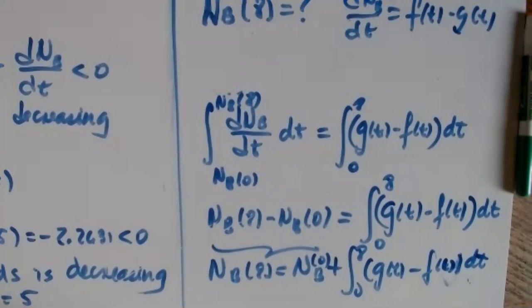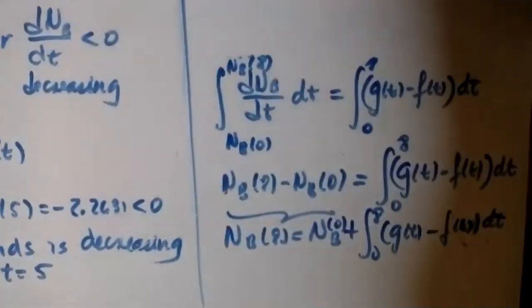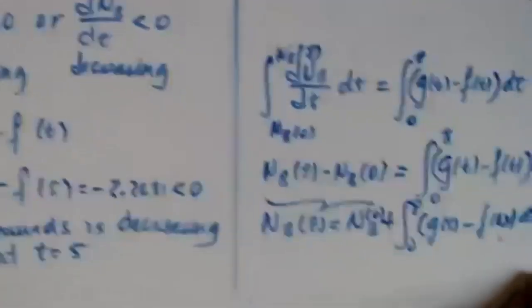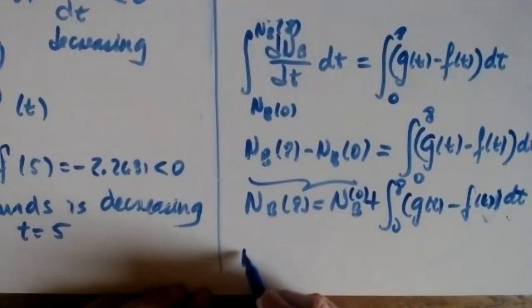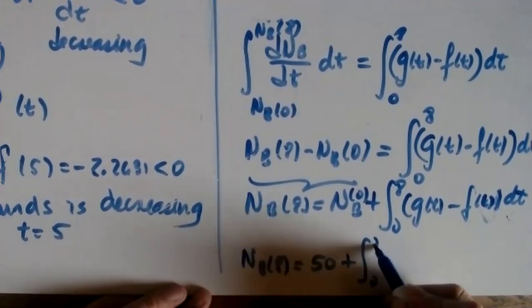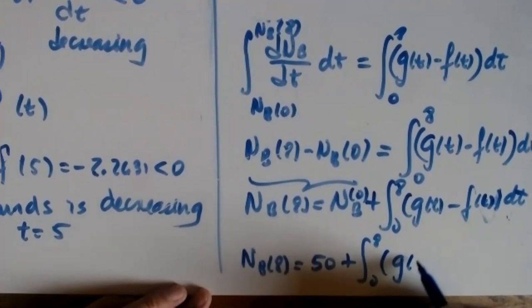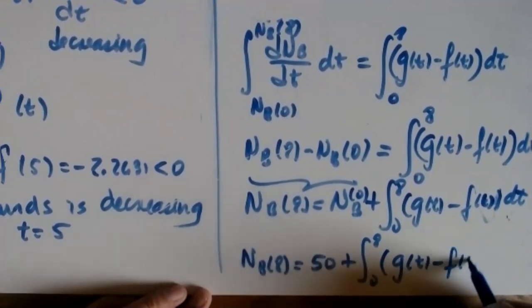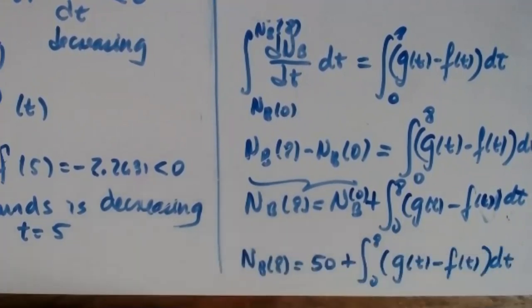So N_B of 8 is 50 plus the integral from 0 to 8 of g of t minus f of t dt.